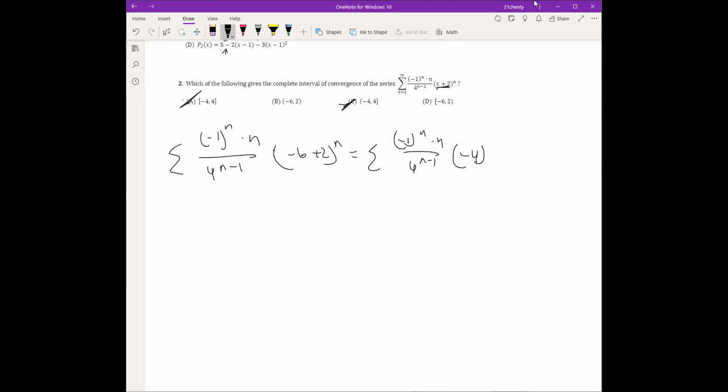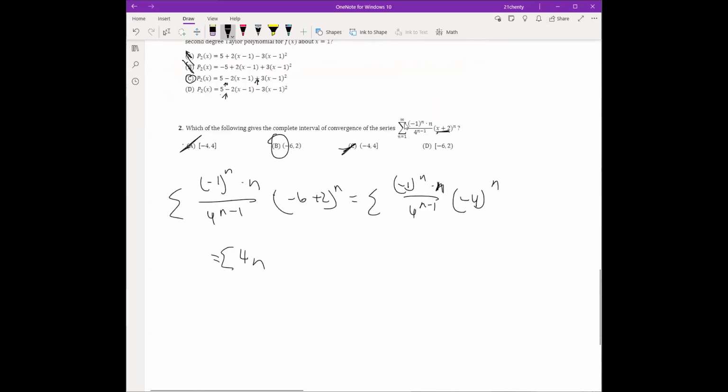The negatives cancel out and the 4 minus n's cancel out, and we're left with just 4 to the n, which obviously diverges because the terms are just going to get really, really big. So negative 6 is not in the interval of convergence, so B is correct.